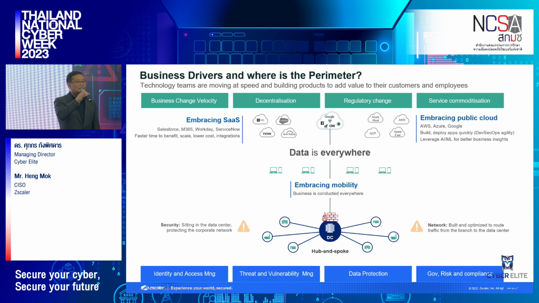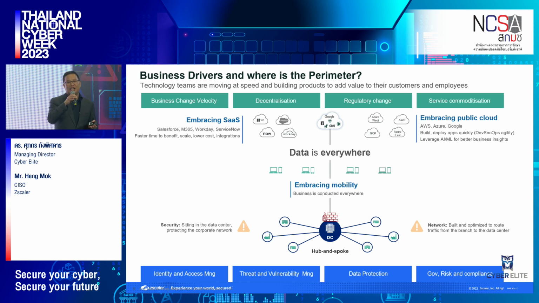The other aspect as well is we're seeing the adoption and embracing of public cloud, whether that's infrastructure as a service or platform as a service. The consumption of those services is increasing. If we then think about that decentralized architecture, we've got data which could be located in software as a service, data in the public cloud, and data located within our own data centers based on legacy core applications that you may have deployed.